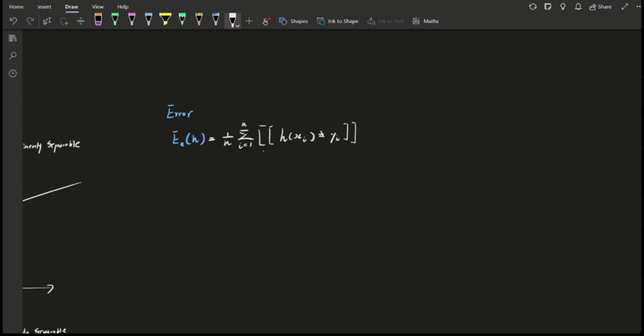So what this double bracket means is that if the expression in here is true, so if indeed your predicted label does not concur with the ground truth label, then it will return 1, else it will return 0, right?